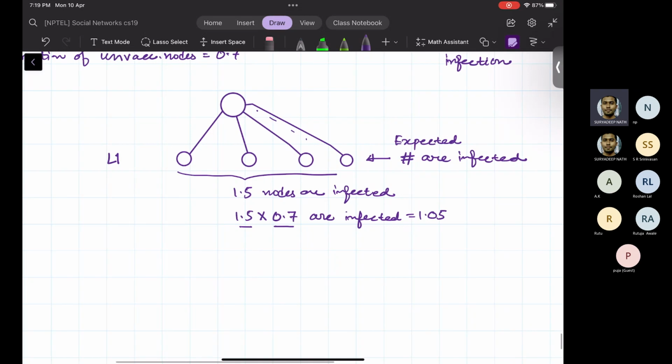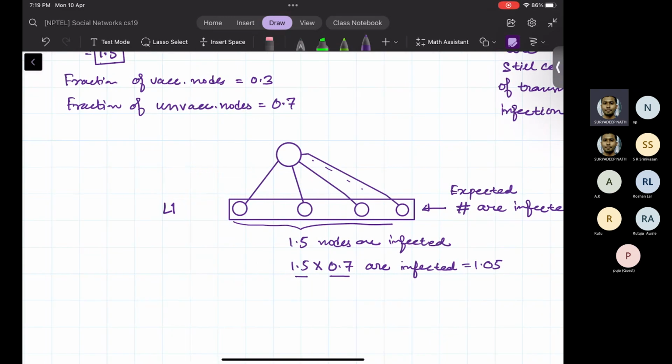Because if there are 1.5 nodes in this level 1, 0.3 fraction is already recovered because of the vaccination, and 0.7 fraction is left. Therefore, 1.5 into 0.7 are still infected. That is 1.05, and that is the new reproductive number.